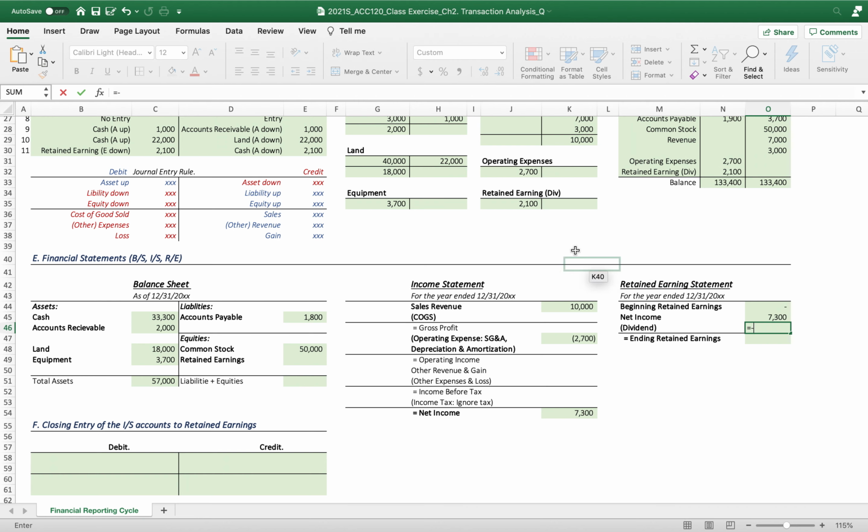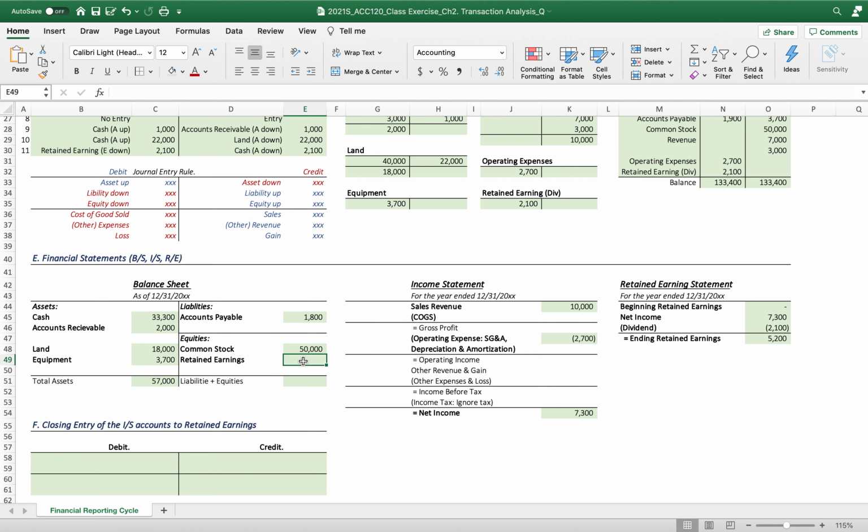Now finally we put the dividend, this 2,100, that reduced the retained earnings. So that's why we put this retained earnings related to dividend. We recorded on the debit side, 2,100. Then we found the ending balance of retained earnings is 5,200, right?